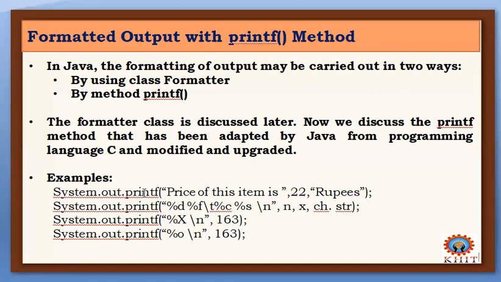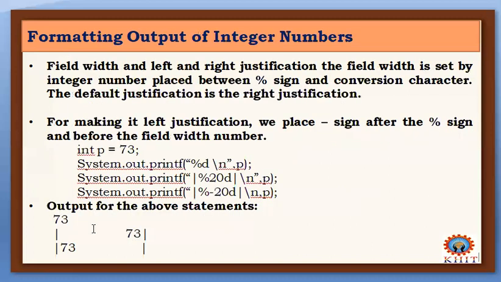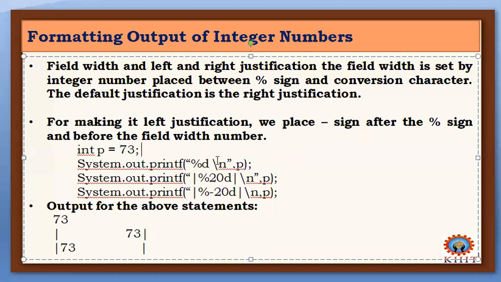I can show you a small example. I am taking a variable p, which is of value 73. If you simply write System.out.printf %d and \n, comma p, like we write in C programming, then your output will be printed like this, simply 73, which is left justification. So it is printed to the output screen left side.